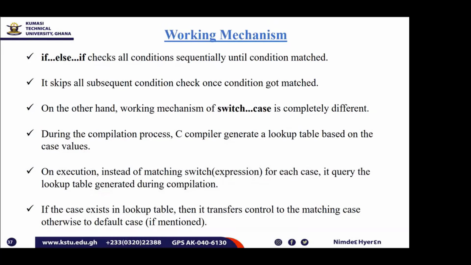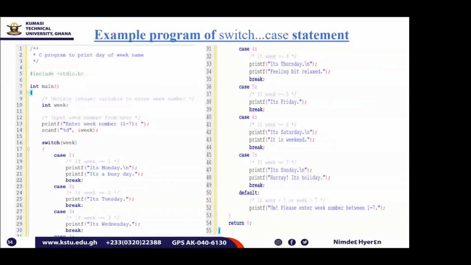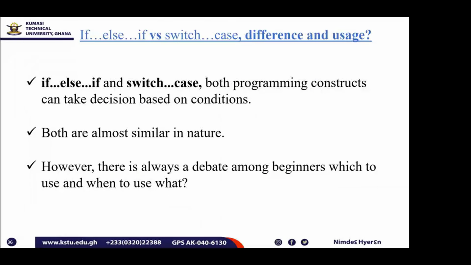So for instance, when we looked at the code with Monday, Tuesday, Wednesday, Thursday, Friday, an integer variable has been set, which is the week, and that has been defined to be between 1 and 7. So automatically it creates a lookup table during the compilation of the code.